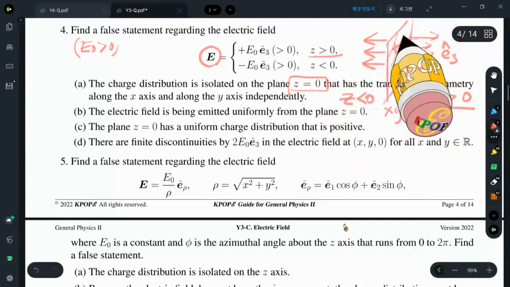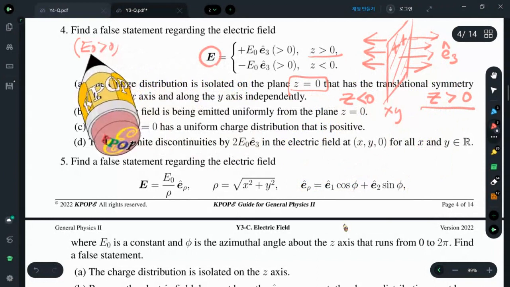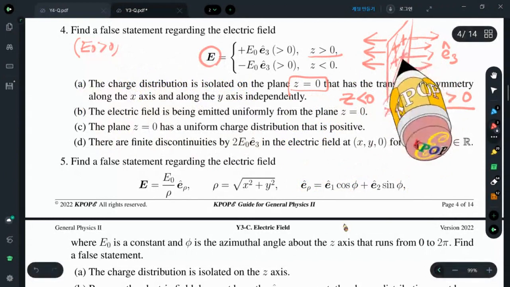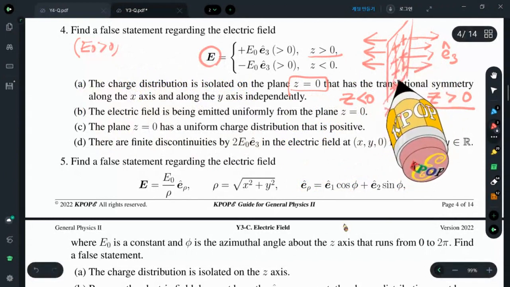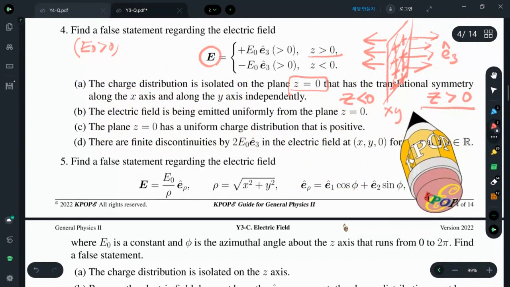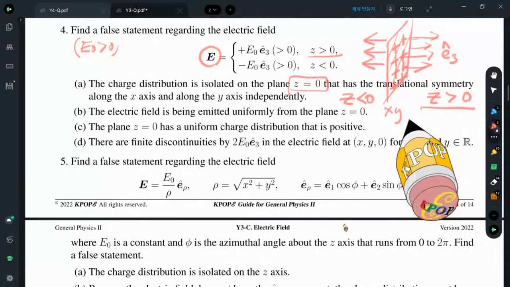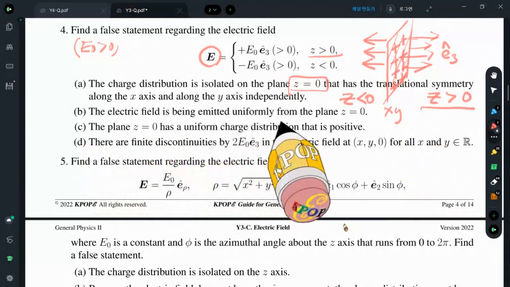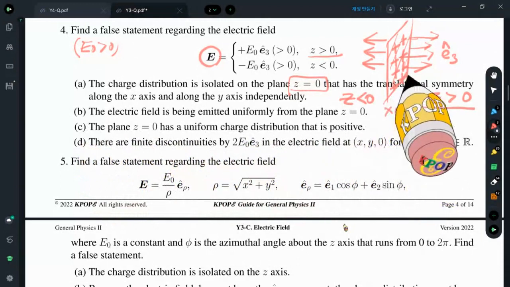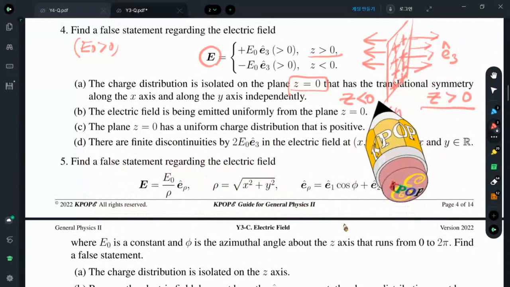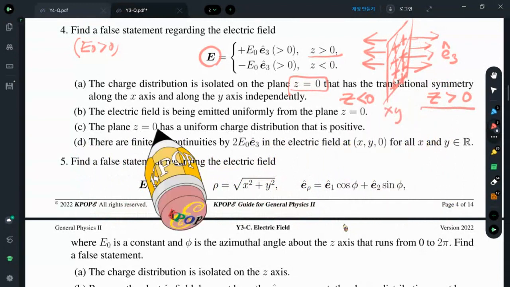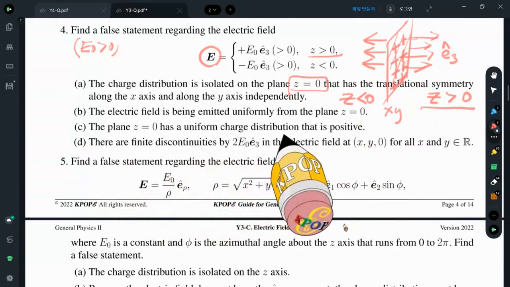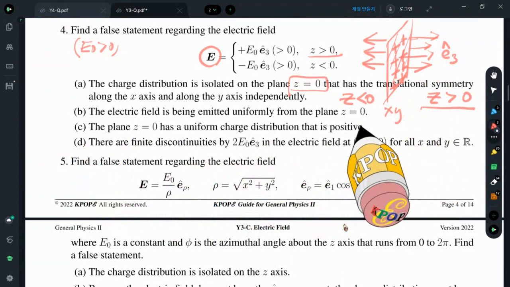So we believe that if E0 is positive, this plate is charged with positive charges. The electric field is being emitted uniformly from the plane z equals 0. Yes, the XY plane is z equals 0. It has a uniform charge distribution that is positive.